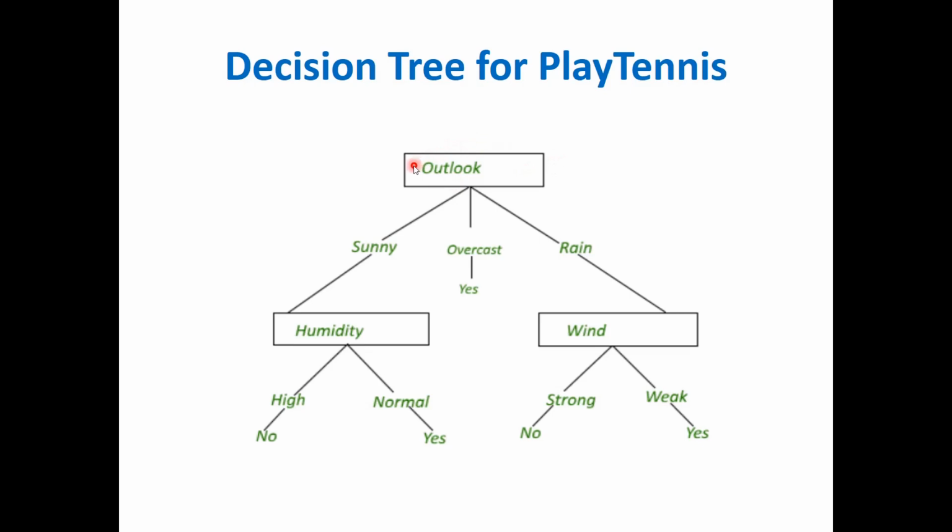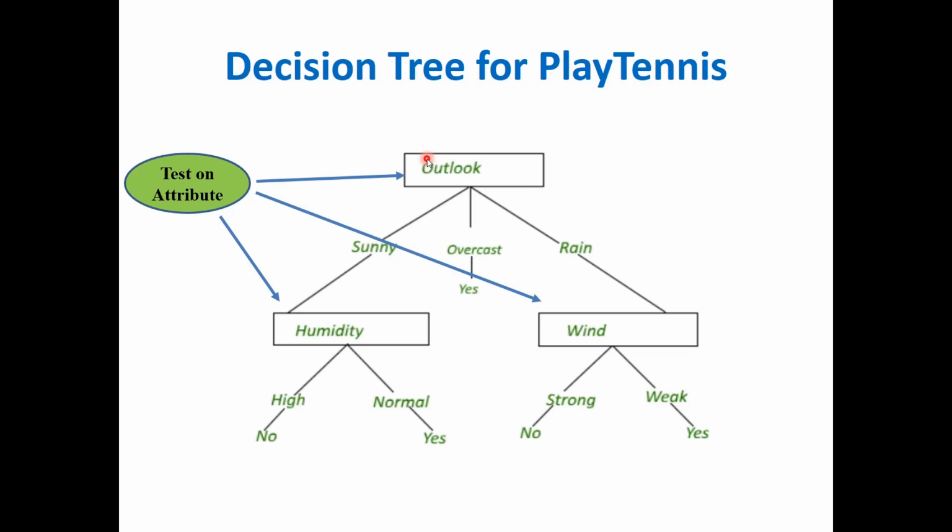Here this particular node is the parent node. Out of these four input attributes in this data set, we can start from any attribute. The attribute which we start from is the parent node.